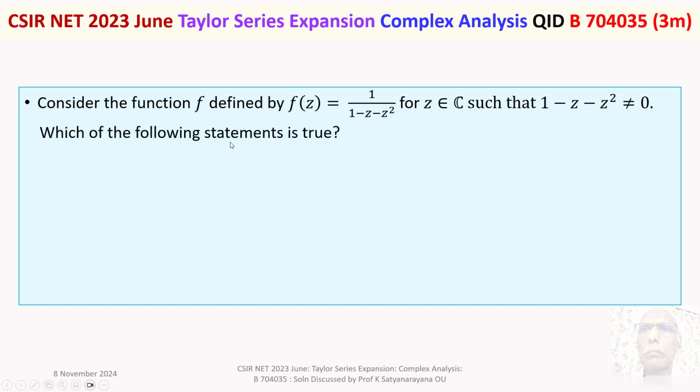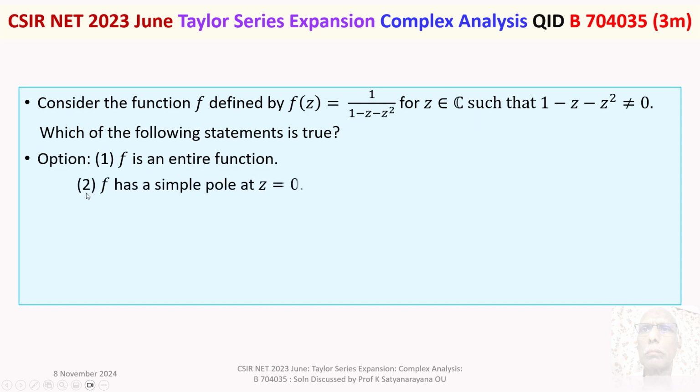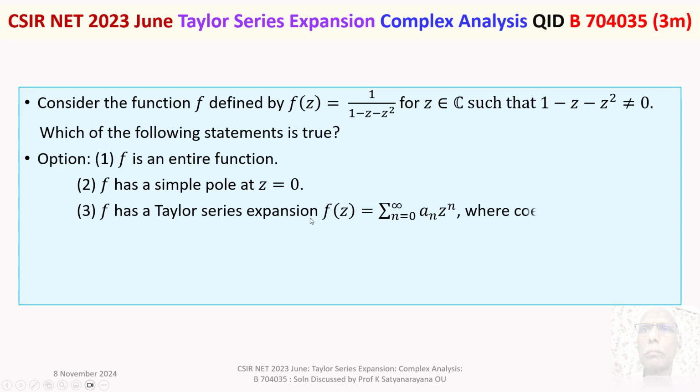Which of the following statements is true? We are given 4 options. Option 1, f is an entire function. Option 2, f has a simple pole at z is equal to 0. Option 3, f has a Taylor series expansion.